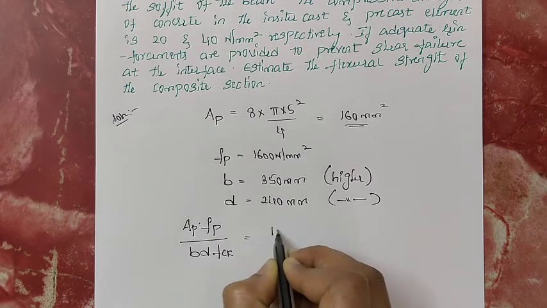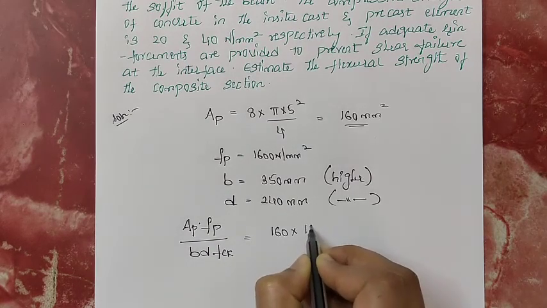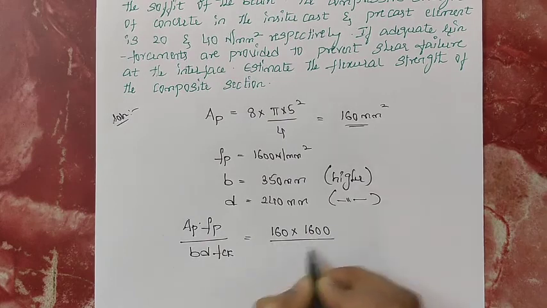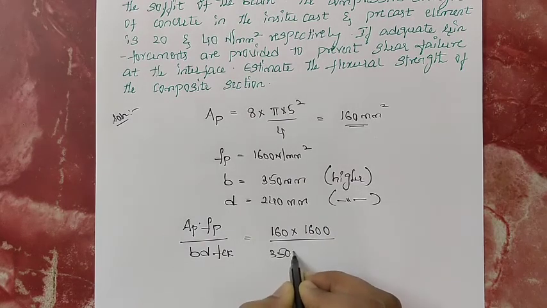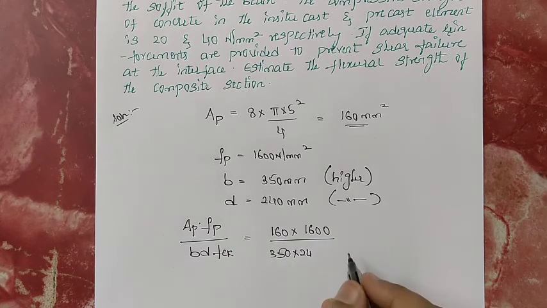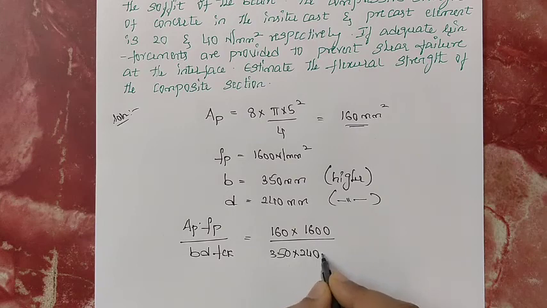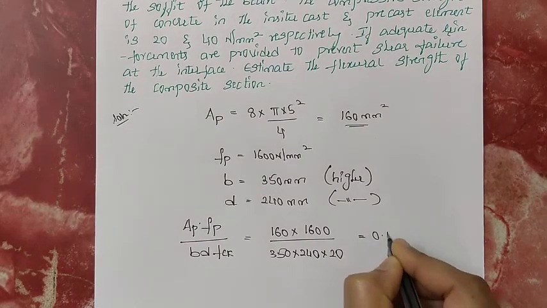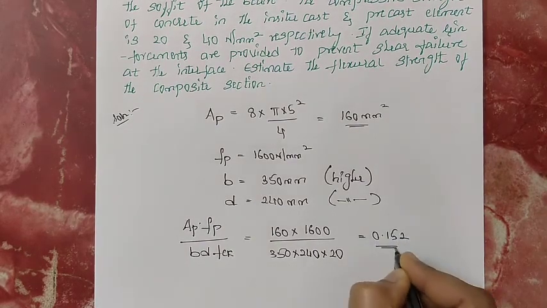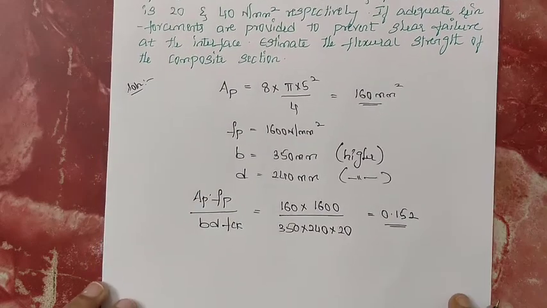Substitute the values. AP is 160, FP is 1600, divided by 350 into 240 multiplied by 20. You will get it as 0.152.